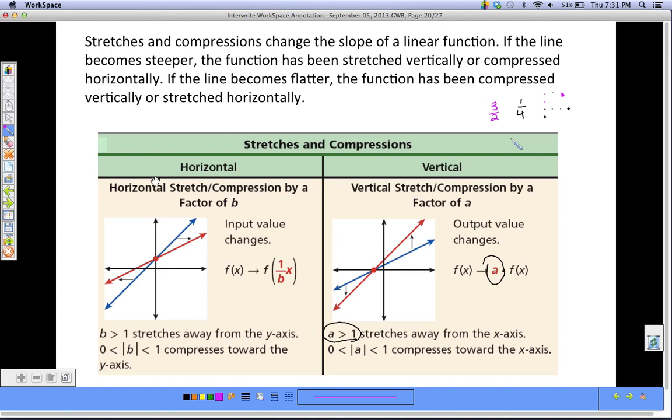So when b is greater than 1, so yes, b is not in our translation function, but we can still use it. B is like saying that we have that fraction, that 1 over 4. These are going to take a little bit of getting used to, but I'm sure you'll do fine.